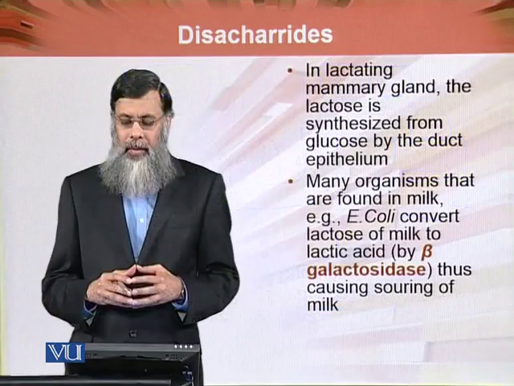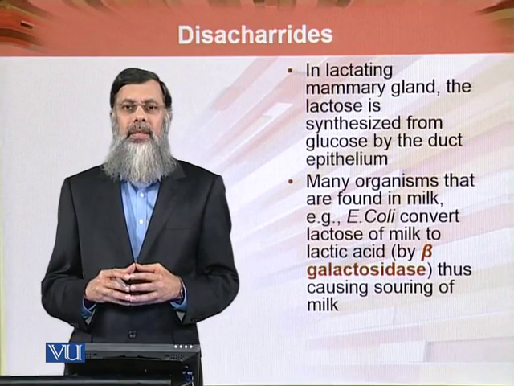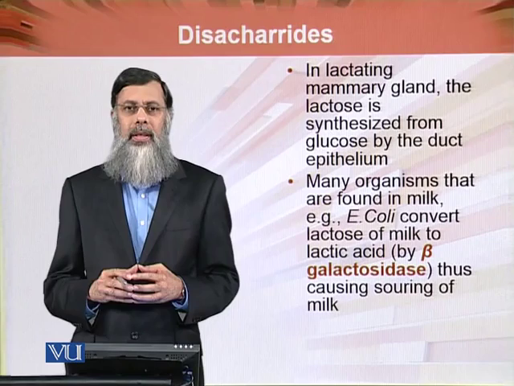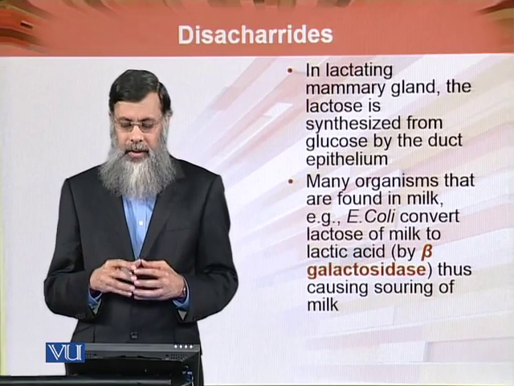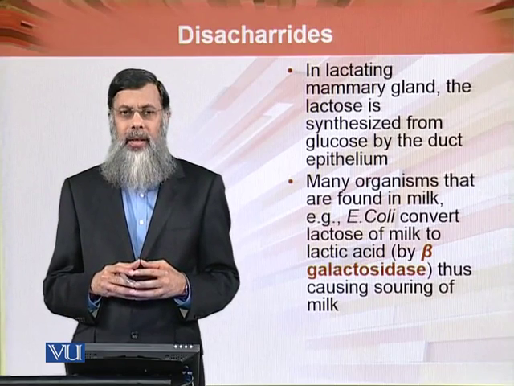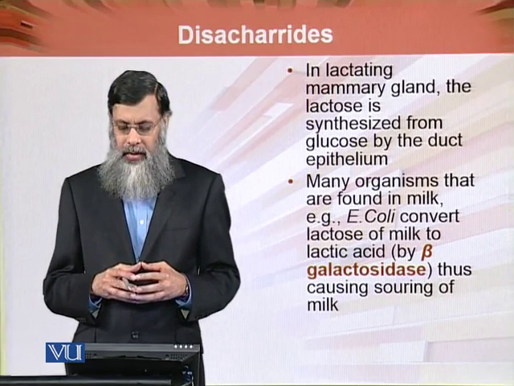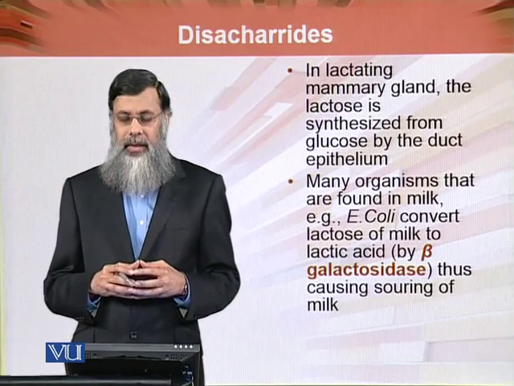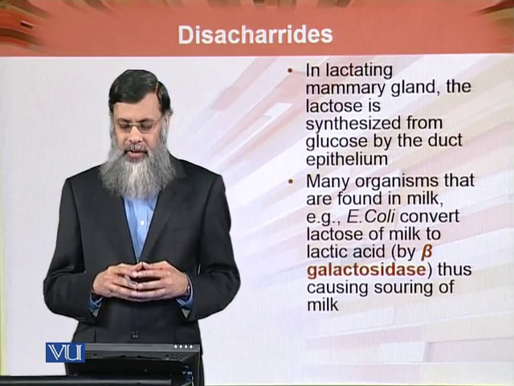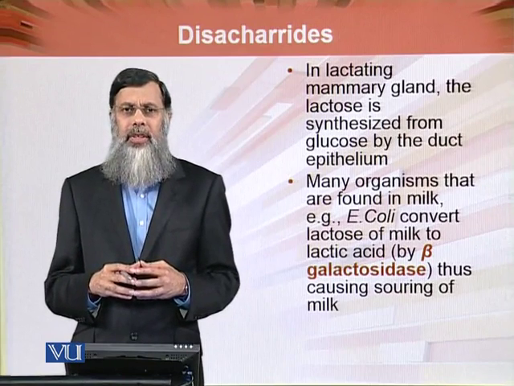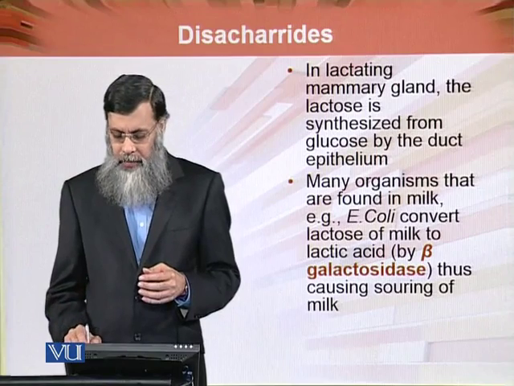In lactating mammary glands, lactose is synthesized from glucose by the duct epithelium of that particular mammary gland. Many organisms that are found in milk, like E. coli, convert lactose into lactic acid by an enzyme present in the bacteria, beta glucosidase, which causes the souring of the milk.